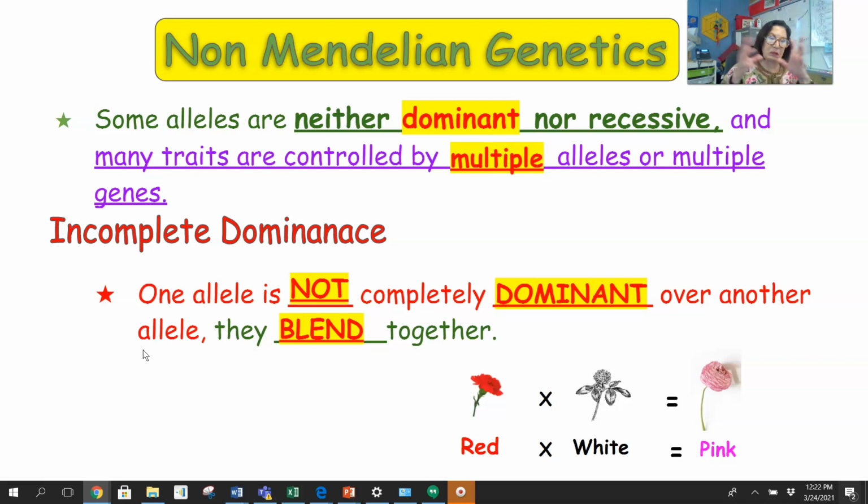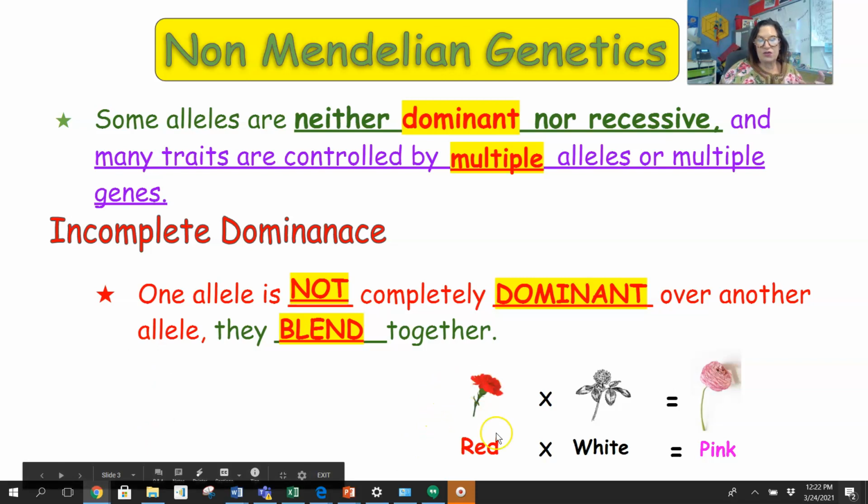So let's just blend together. So that's like I have this red flower here, which is a dominant color. And I have this white here and it's recessive. But when I cross them together, I'm going to get pink flowers. And this is called incomplete dominance.